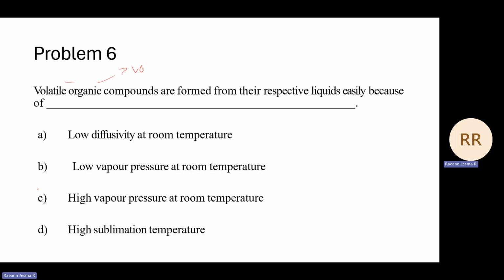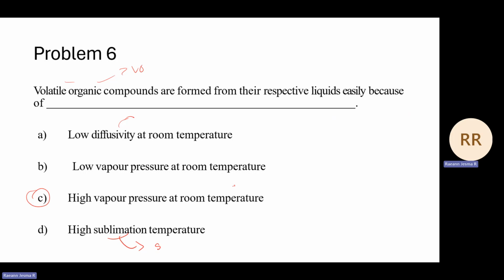Yes, high vapor pressure at room temperature. If you have high vapor pressure, then the compound will have more tendency to remain in the vapor state rather than the liquid state. So this is the correct answer. Diffusivity means how well it can move from one region to another based on the concentration gradient, so that is not the answer.